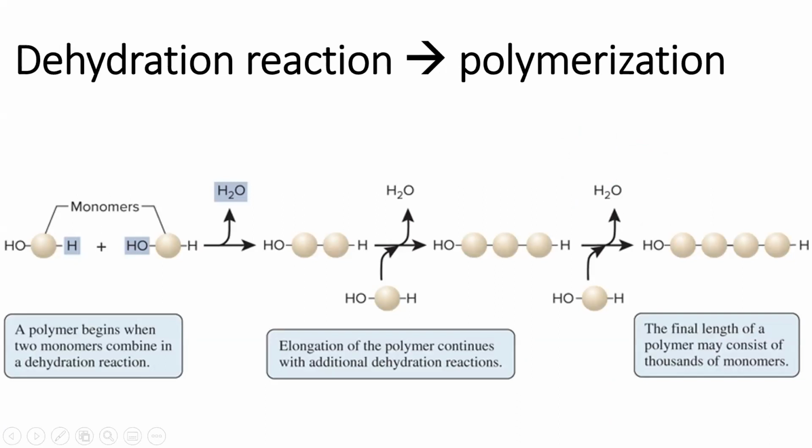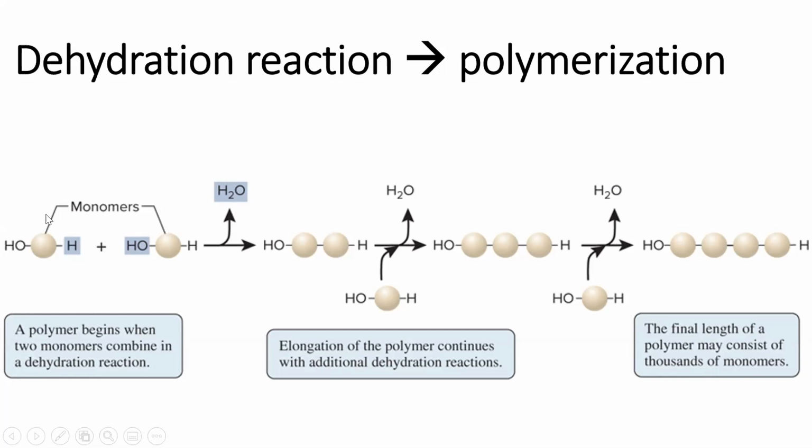So when we take individual monomers and link them together, we are undergoing the chemical reaction known as dehydration synthesis, or a dehydration reaction. The dehydration reaction will then result in the polymerization of the molecules.